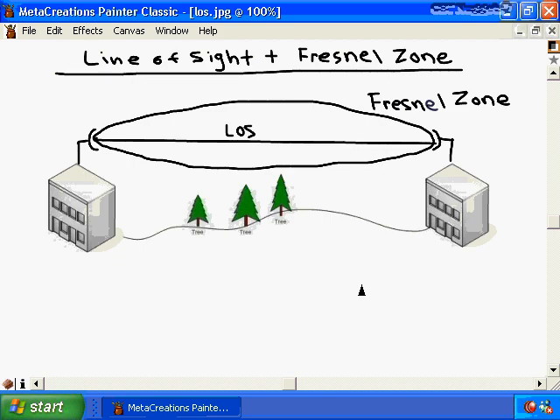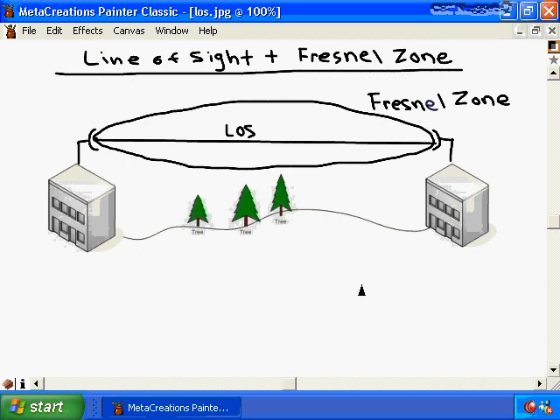Now, the Fresnel zone itself defines an area around the line of sight that can introduce radio frequency signal interference if blocked. Now, typically a 20 to even 40% Fresnel zone blockage usually won't cause very much interference with our wireless link.